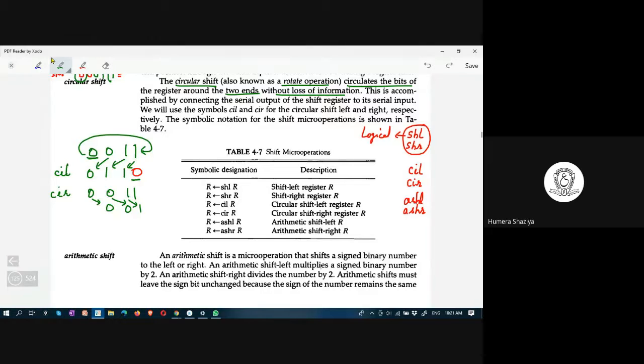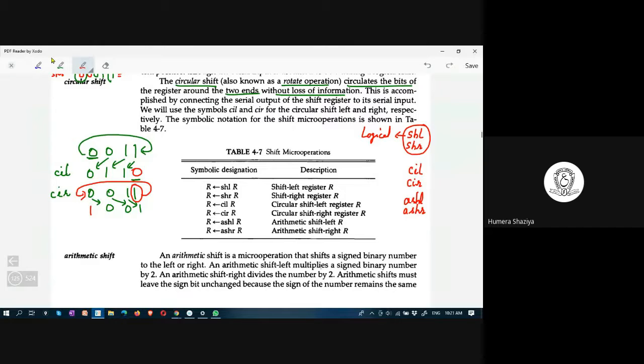And what is left? This one is left. What do you do now? You transfer this one in a circular fashion to the other end. To the other end means, in CIR, which end? To the left end here. In CIL, to the right end.